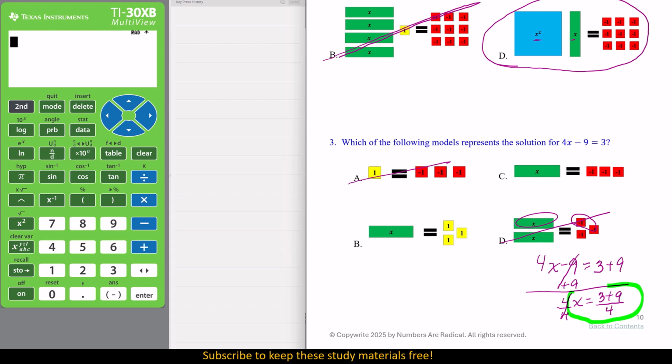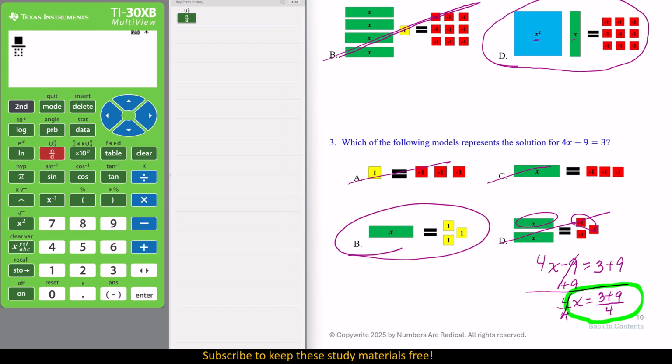This is what I need. And when I put this fraction that I built in the calculator, everything there is positive. Because of that, I know that I'm going to eliminate C and that all I have left is B, and I can pop that in my calculator and say 3 plus 9 over the 4 equals 3. There you go. Okay, let's try number 4.